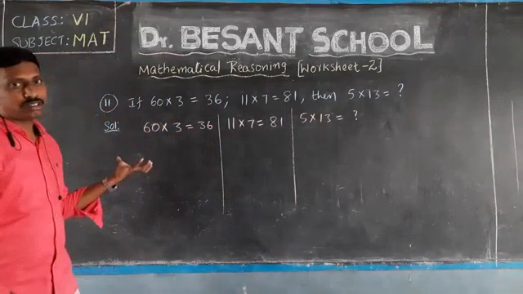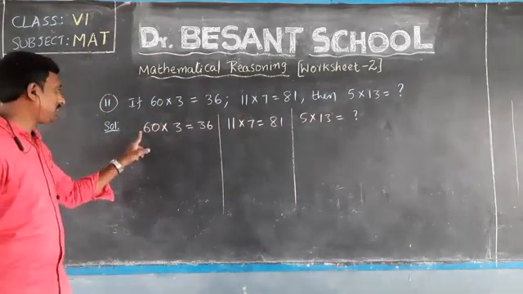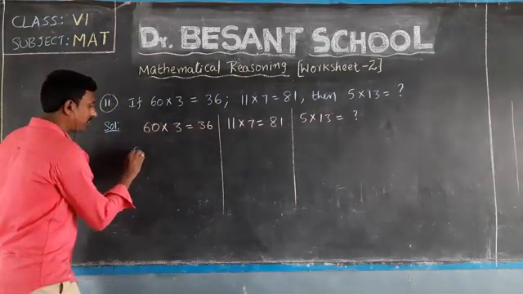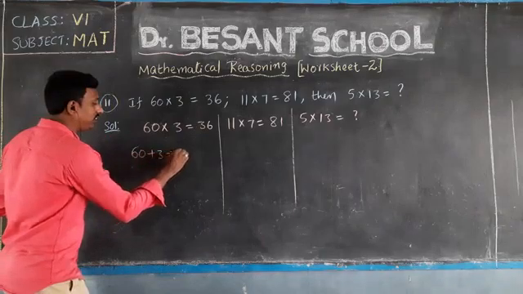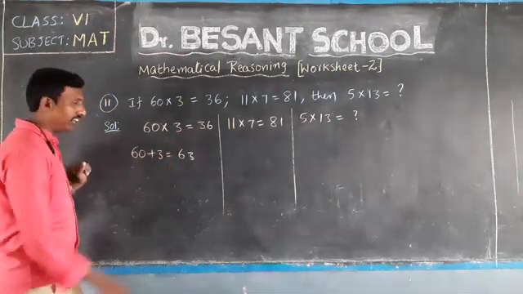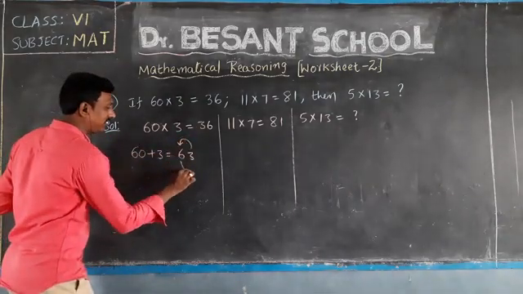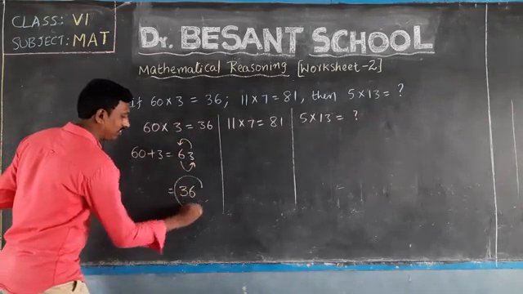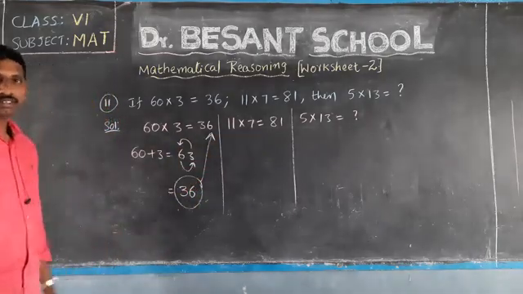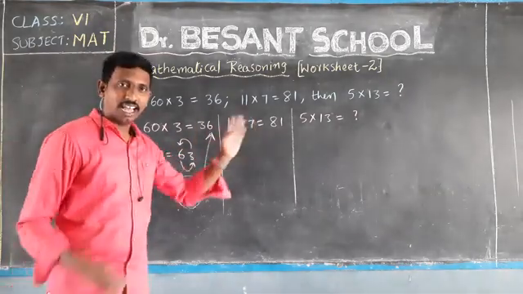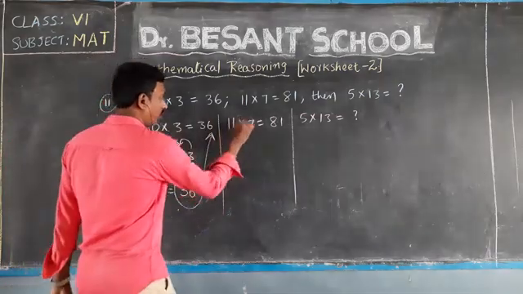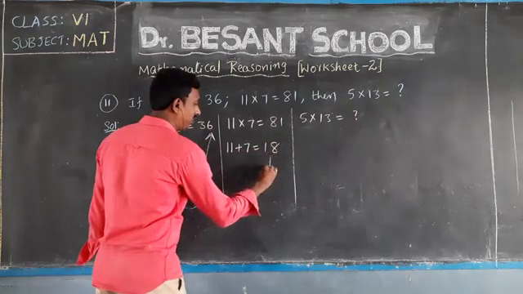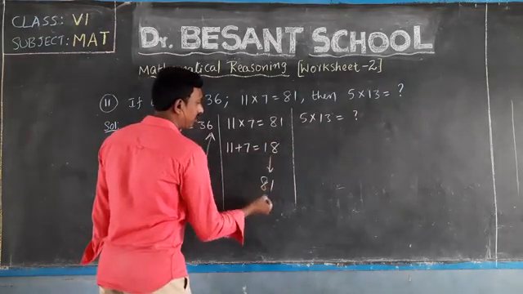So if we use addition, first think of 60 plus 3, how much? 63. Then you interchange the digits, or reverse the number. What do you obtain? 36. That is given here. So add the numbers and then reverse the digits. Now what should be here? 11 plus 7, how much? 18.